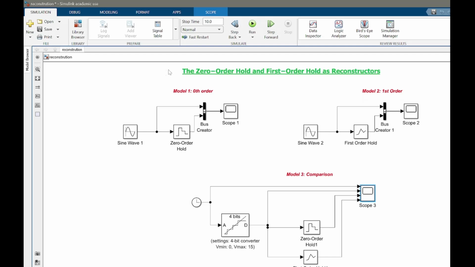And finally, in the third model, we explored the complete process, starting from an analog signal, converting it into digital form using an ADC, and then reconstructing it using both models. I hope this video helped you understand not only how these Simulink blocks work, but also why they are important in digital control systems.